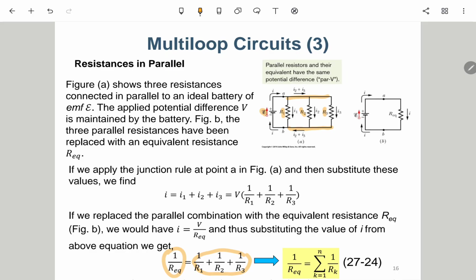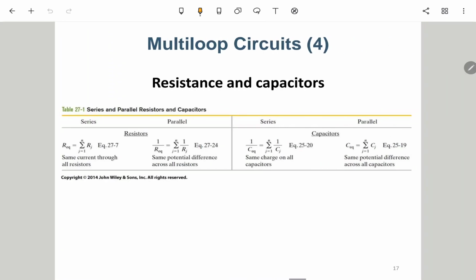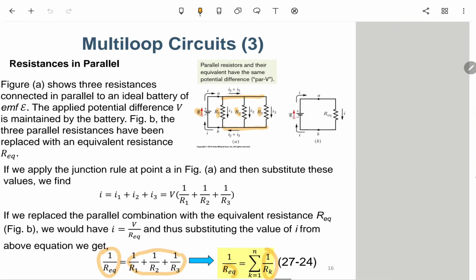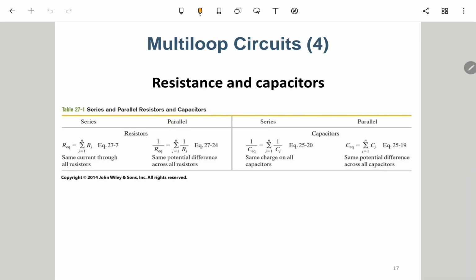Or if we have n resistors in parallel, we just take the reciprocal of all the resistances, add them together, and then take the reciprocal again to get the equivalent resistance. So this is easy, and this is a quick summary for the resistance and capacitor. They are opposite to each other. For series resistance, we add all the resistances together, but for parallel capacitors, we add all the capacitances together.